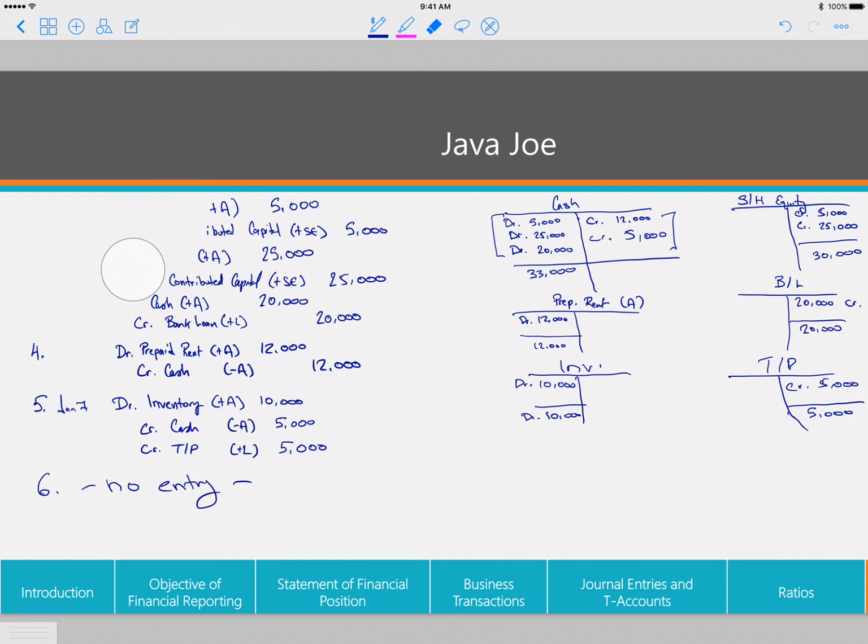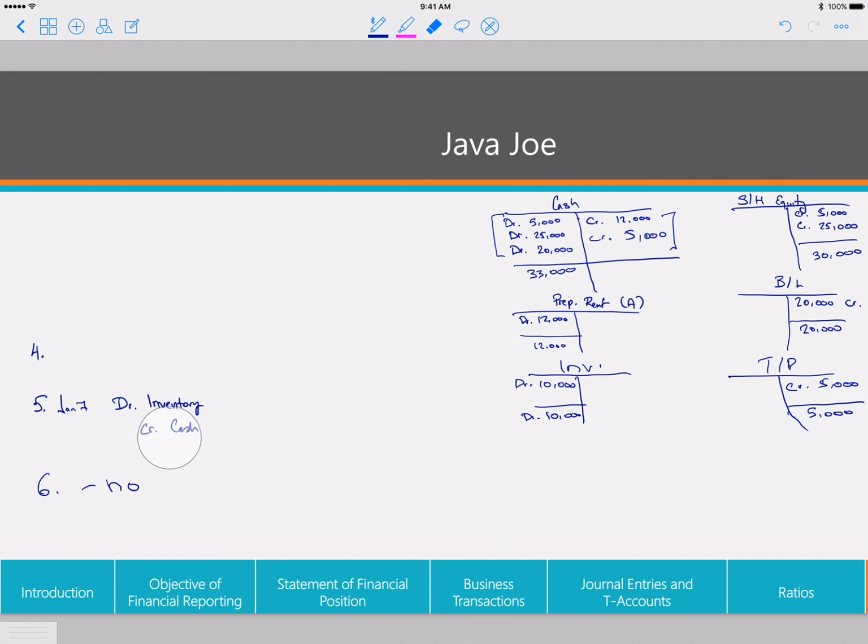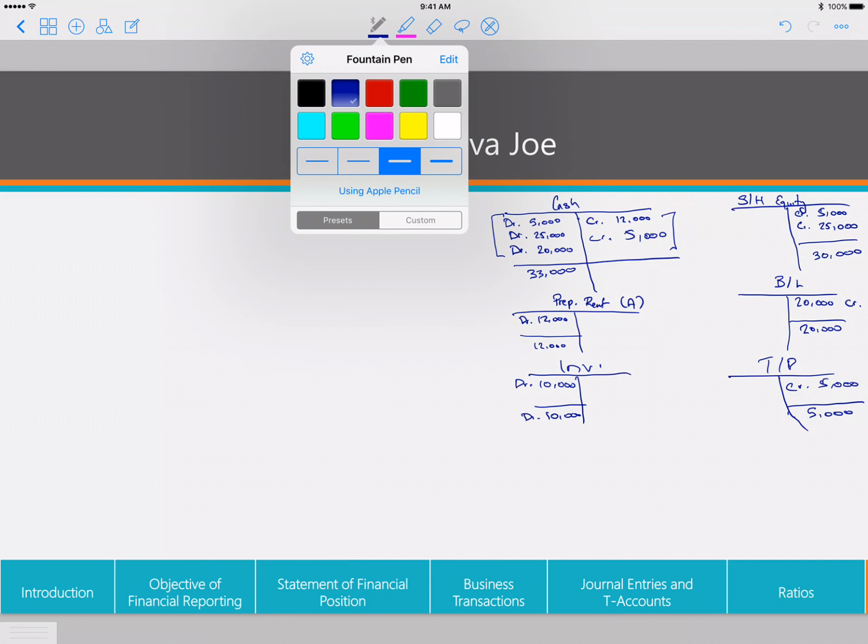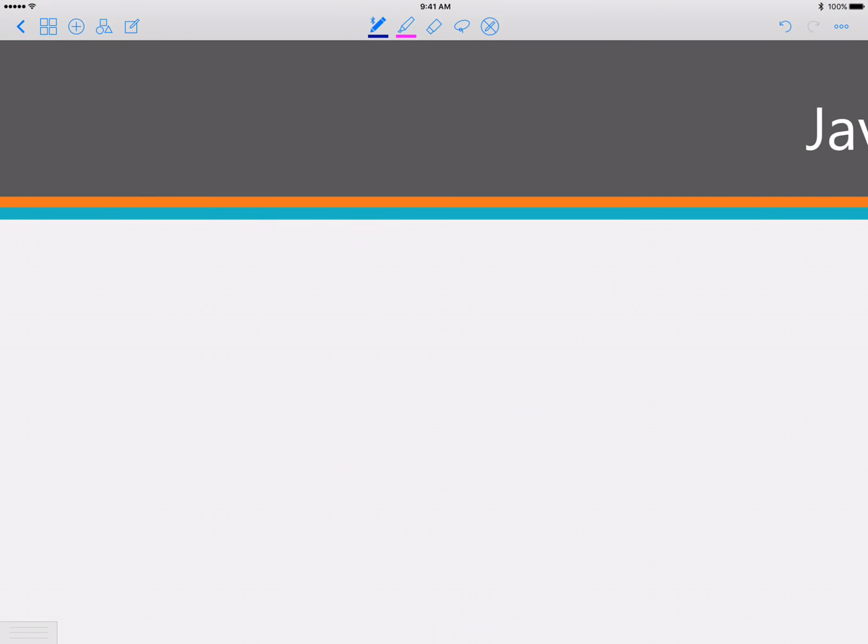So let's clear off the left side here, and we're going to keep our T accounts because they're going to be very helpful in building the balance sheet. If you recall, the first thing we always do with any financial statement is start with the title, beginning with the company name.